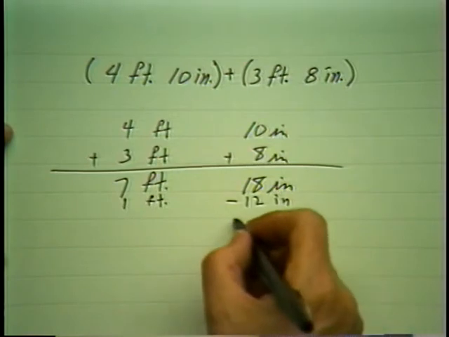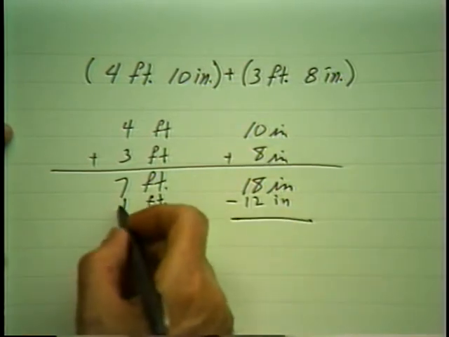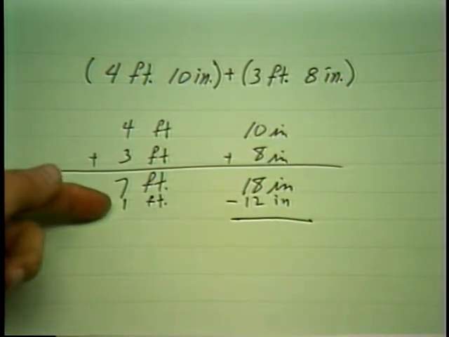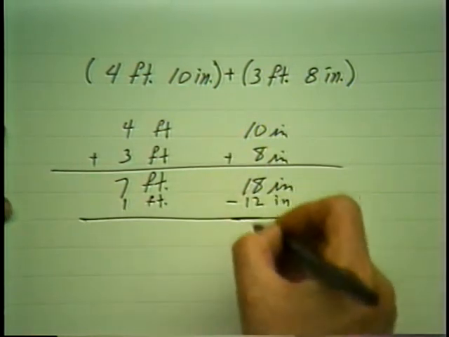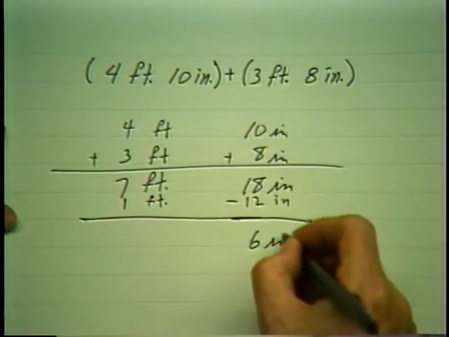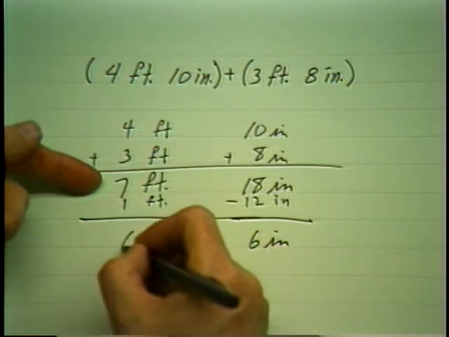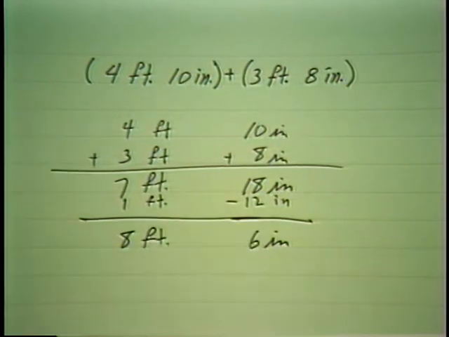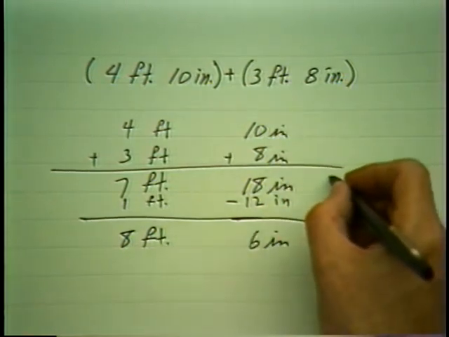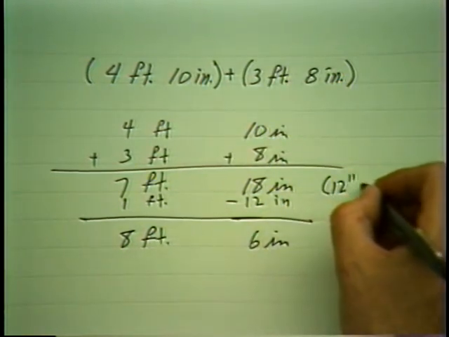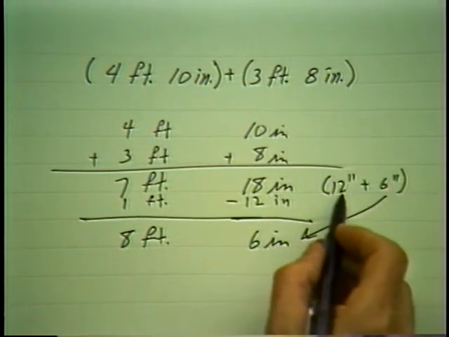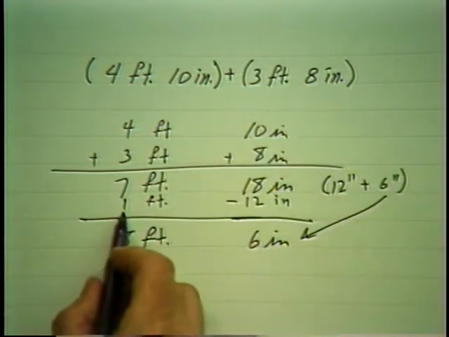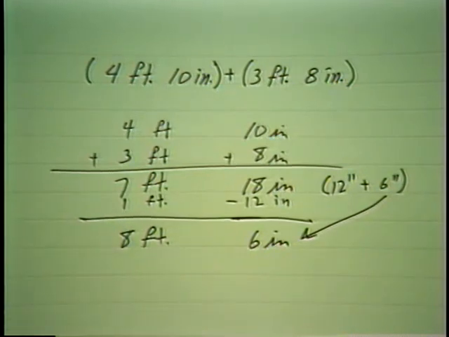So if I subtract 12 from here, I have to add its equivalent, or 1 foot over here, to keep the measurement the same, or balanced. So this gives me 6 inches here and 8 feet here. Or in short, we are thinking of this 18 inches as 12 inches plus 6 inches. I kept the 6 inches, the 12 inches, carried over here as 1 foot.